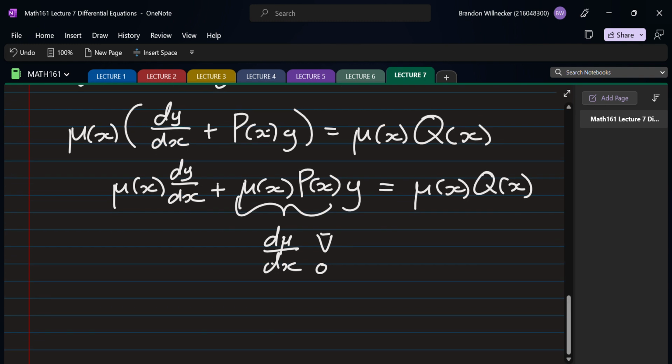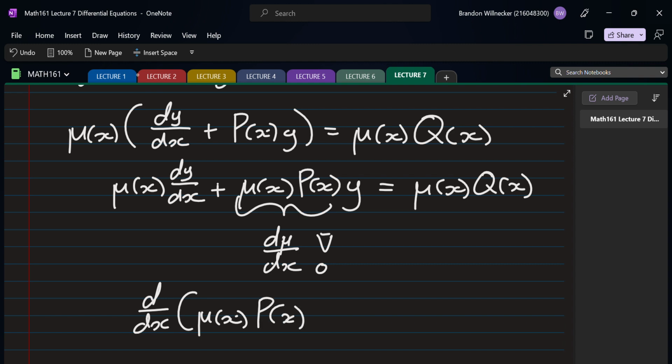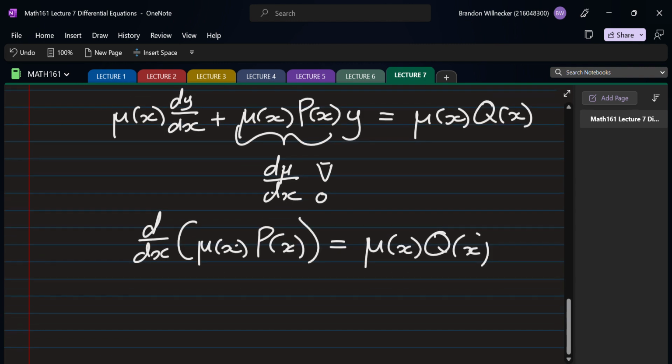So if we can force this to be true, then we get d/dx of mu(x) times y equal to mu(x) times q(x), which is what we had before. So what we want is this mu(x) times p(x) to be equal to d mu/dx. If we can do that, then we can write this left-hand side as a single term.